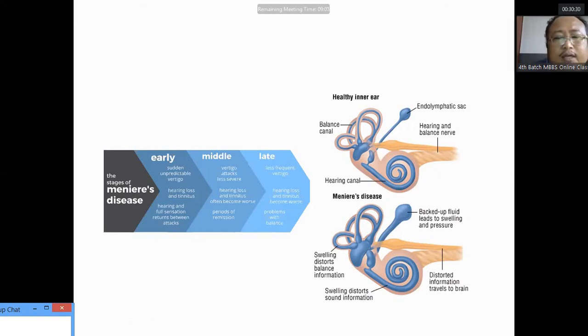It means that initially there is vertigo, but over time, with repeated attacks, the vertigo seems to be of less intensity, but the patient's hearing loss worsens, and sometimes it comes to the point that the patient might only feel an imbalance, with a total hearing loss.